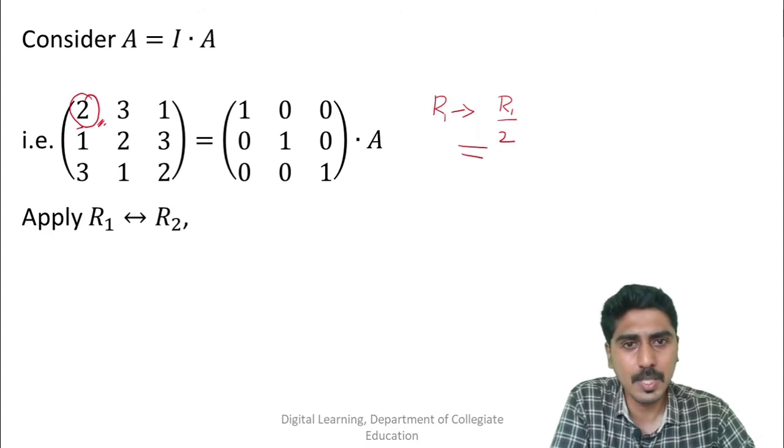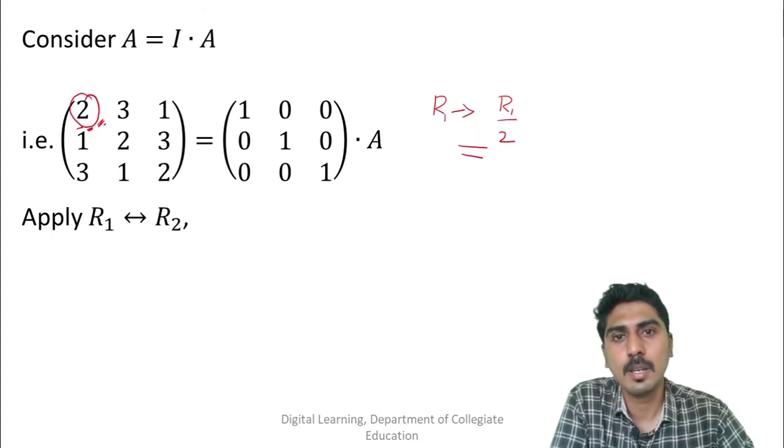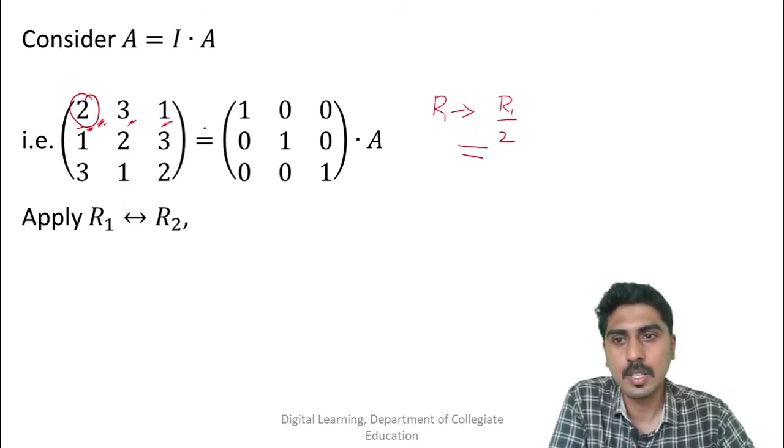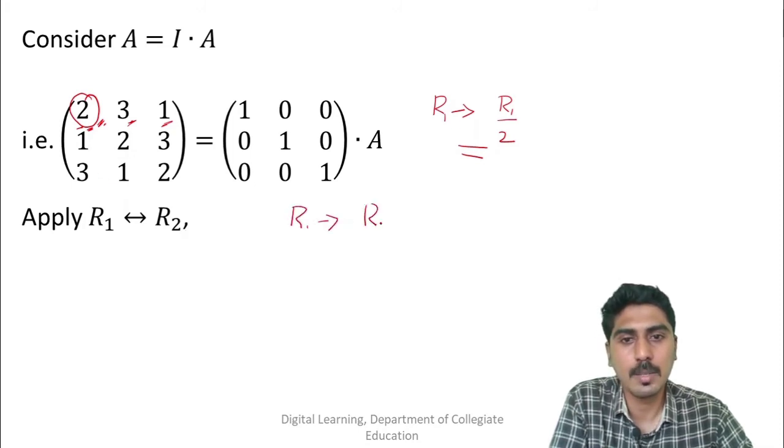If we apply this operation, we will get 1 here, but here we get 3 by 2 and here we get 1 by 2. To handle fractions is a bit difficult as compared to integers, so we can apply some other operations. I can interchange row 1 and row 2, or I can apply R1 changes to R3 minus R1.